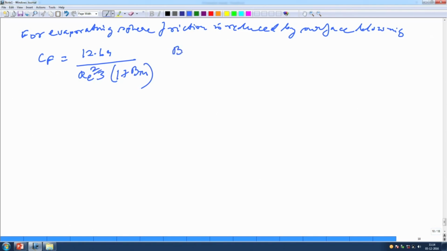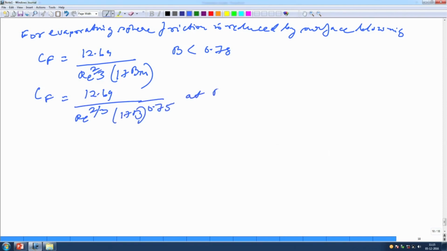This is valid for B less than 0.78, whereas the same expression will be 12.69 divided by Reynolds number to the power of 2/3, 1 plus B raised to the power of 0.75, for B less than 20.